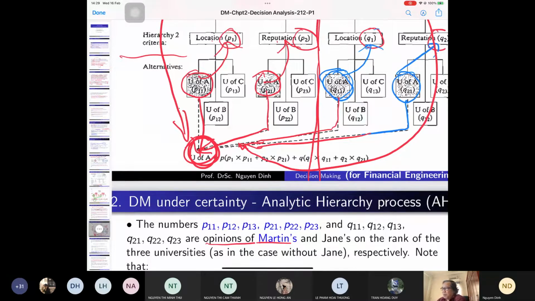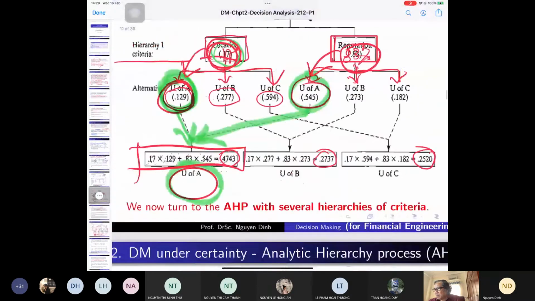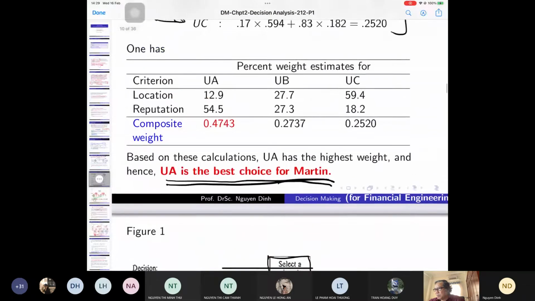That means that for the location of the tree, look at this row for the location. You remember the points of the location, the tree.